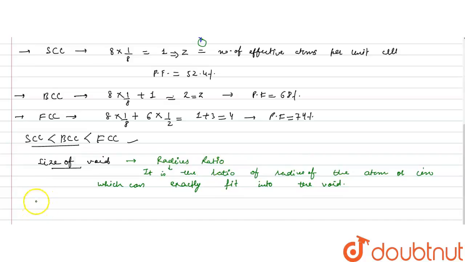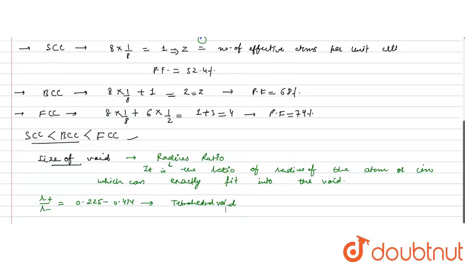So radius ratio rules say that the ratio of the cation to the anion, when in the range of 0.225 to 0.414, then the tetrahedral voids will be occupied.